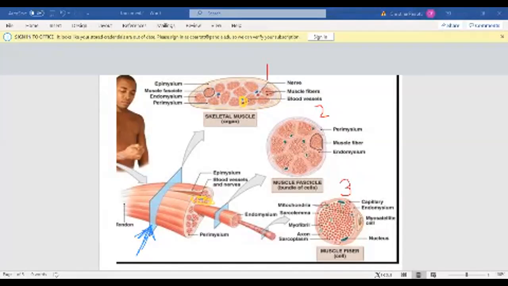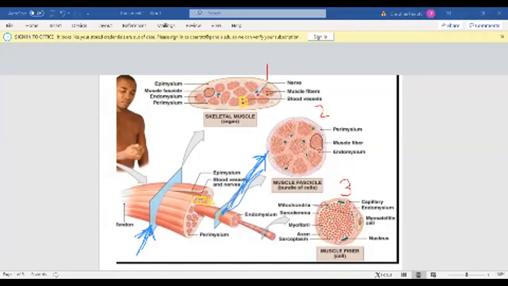In picture 2, we're taking one of those bundles, one of those muscle fascicles, and we're pulling it out, okay? So we're going from right here, pulling out this muscle fascicle, and we're going to go to this picture here, picture 2, okay?